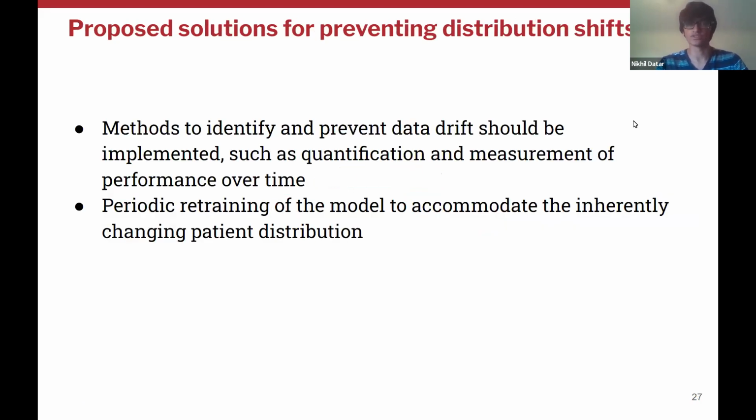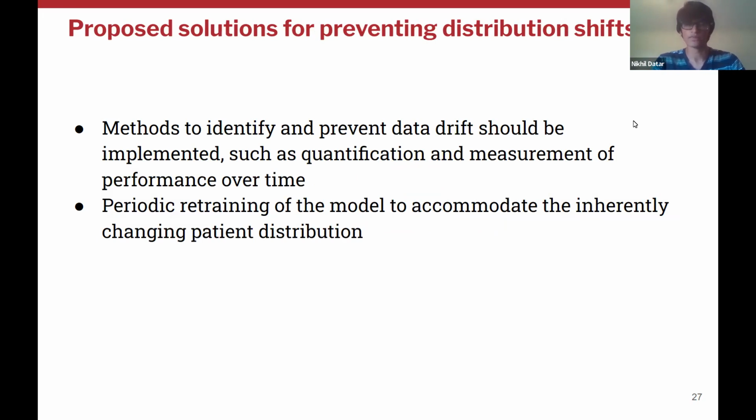Now, there are several proposed solutions for preventing these distribution shifts. One of them is to use methods that identify and prevent these data drifts, such as quantification, measurement, and performance monitoring. With data shift, over time, you'll see the performance of a model deteriorate. It will get worse.